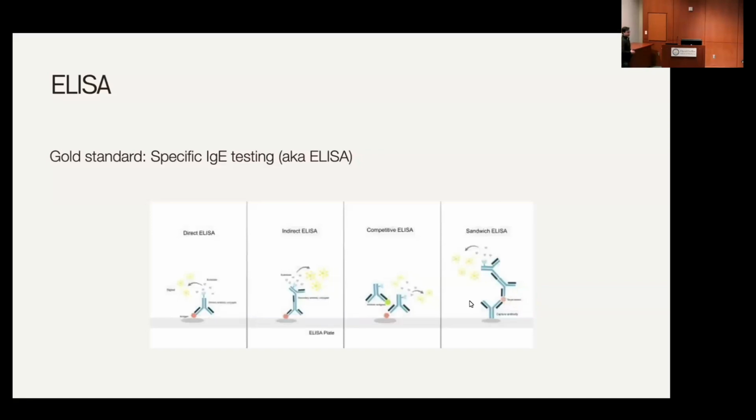We'll introduce the colorless substrate, and we'll see if we get any color change or light emission. And if we do, that means that the patient is positive for this bacteria-fighting antibody, so we can go ahead and diagnose them with Lyme disease.